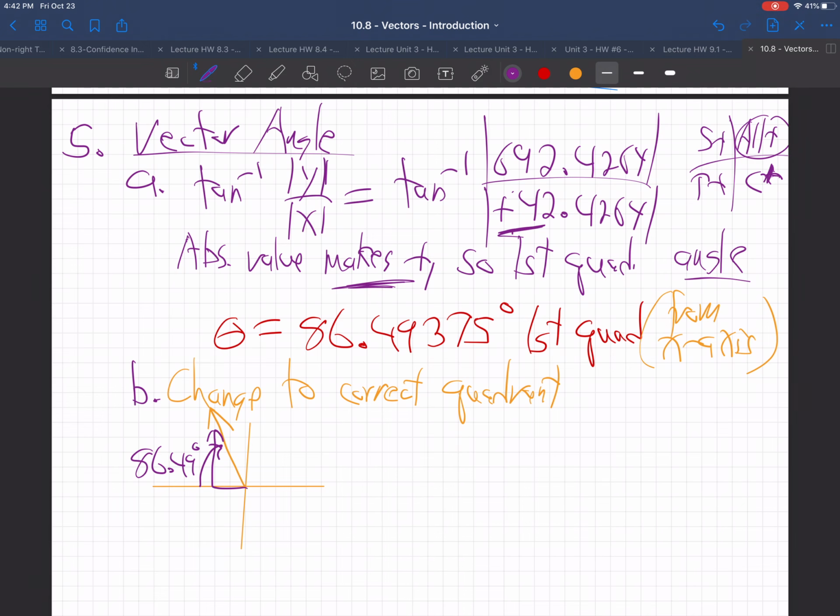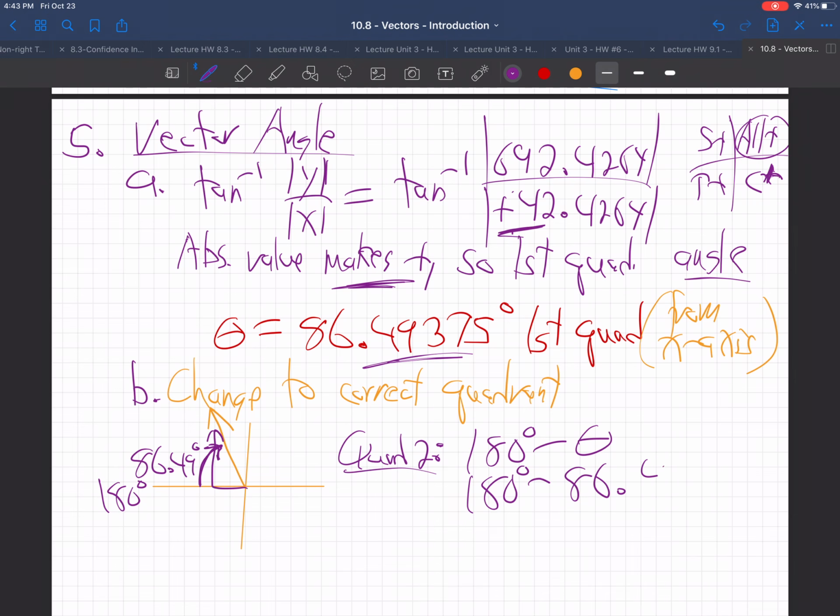So that gives you the right quadrant. And then this 86.49 is from the x-axis. So from 180 degrees, just like those formulas we had before, for quadrant 2 you've got to take 180 minus the theta. So that's 180 minus 86.49375.